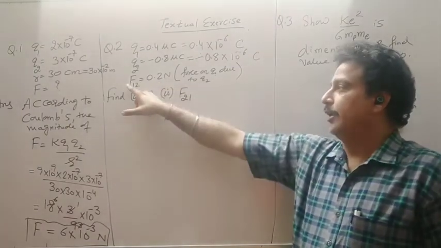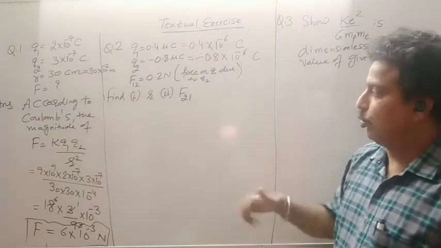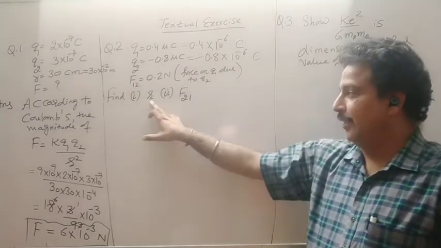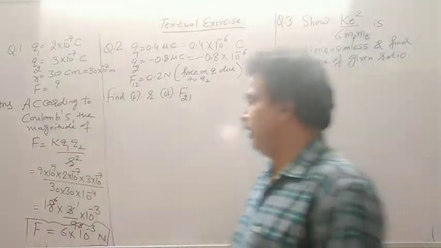So we have written the magnitude given is F12. There are two parts. You have to find out R as well as the force acting on 2 due to 1.